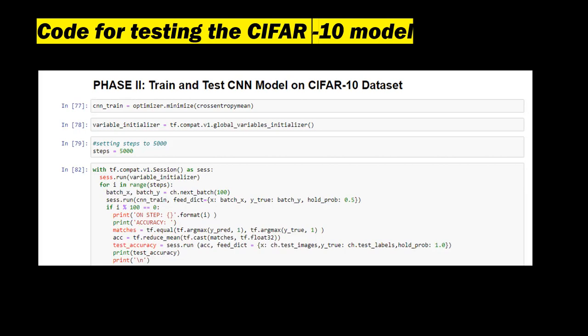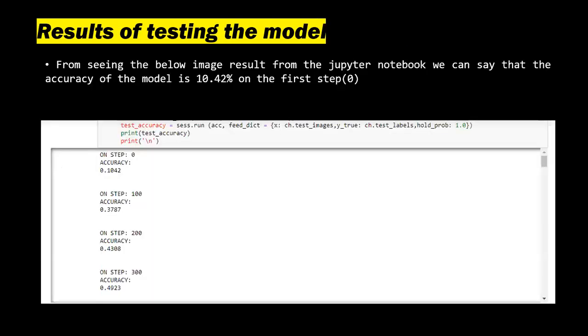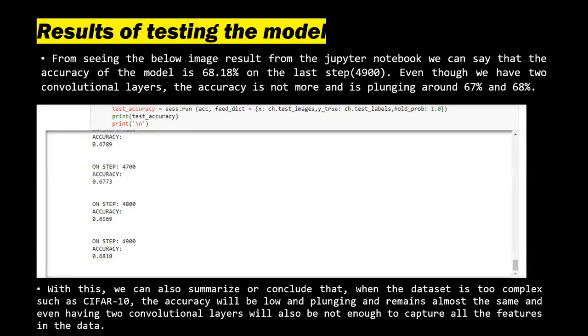After running all those steps, we can see that the model started at 10 percent accuracy on step 0, and then quickly reached 37 percent on step 100. In this way, we can see that the accuracy increases on every step, as the data keeps getting trained and the model gives more accuracy.